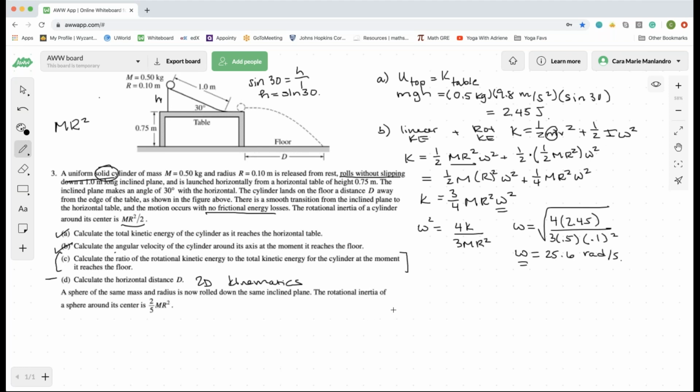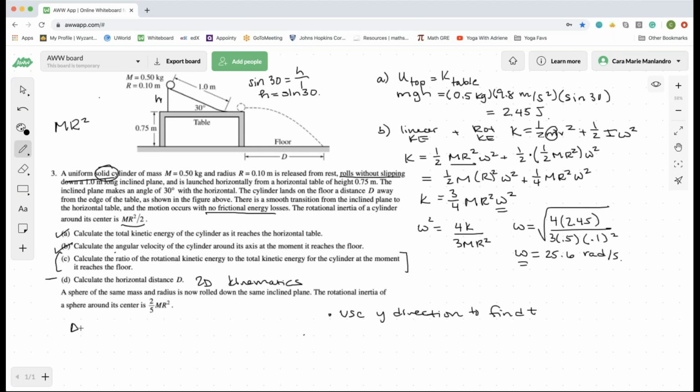What we usually do is use the y direction to find time, and then we can choose to use the time in the x equation. So bear with me while we go through that.